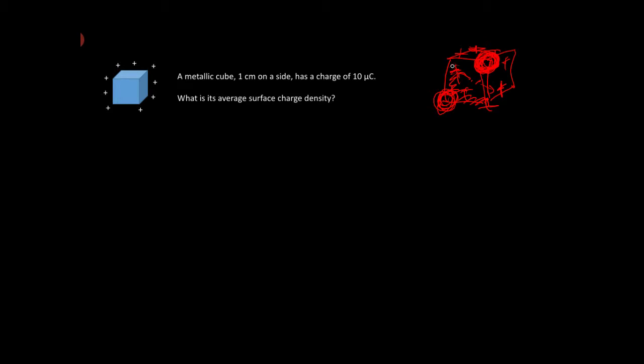So we're pushing all the charge off to the edges of our cube, right? So there are little plus signs all over there. I missed one. There should be 10 little plus signs on that cube. And so that's going to be all over.